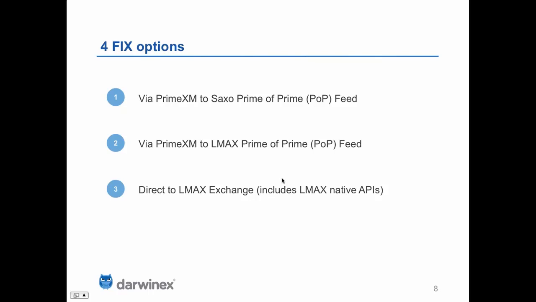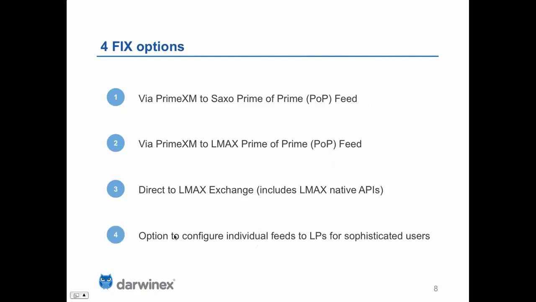You could also, and this is something we're going to expand on, connect directly to the LMAX exchange, which has a range of native APIs, notably .NET and Java. And they're not bad. They give you access to market data at tick level granularity.